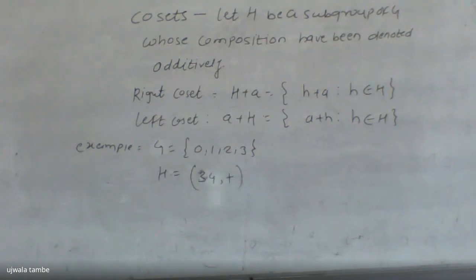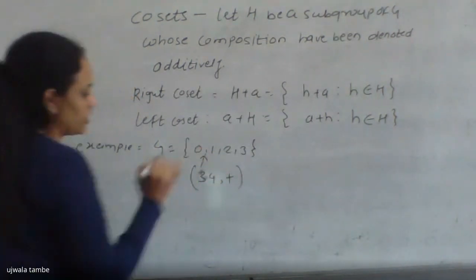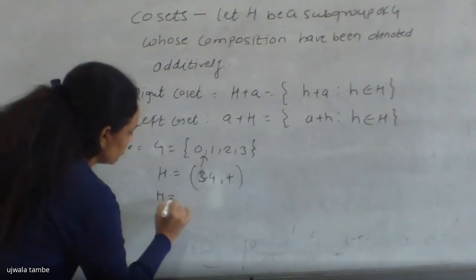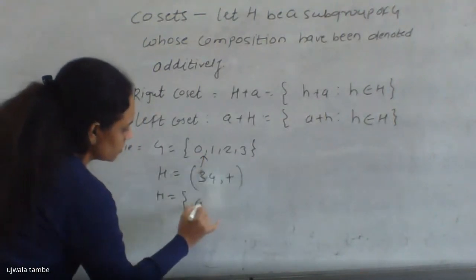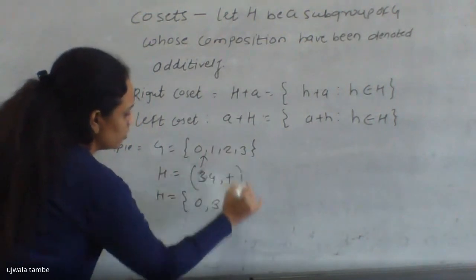Right. So we have to perform only 3 into whatever elements are present in the set G. Okay. So H is equal to first 3 into 0, 0, 3 into 1, 3, 3 into 2, 6, and 3 into 3, 9.